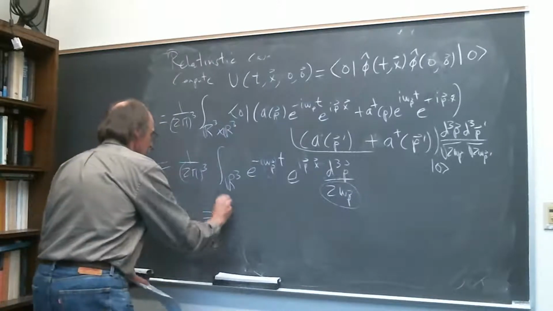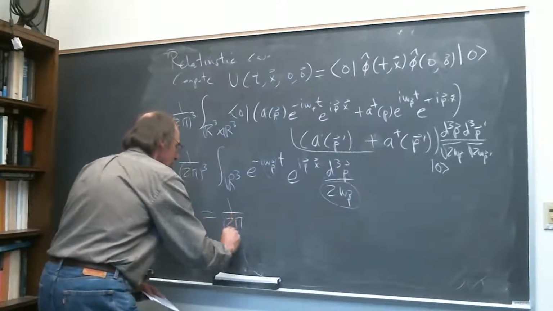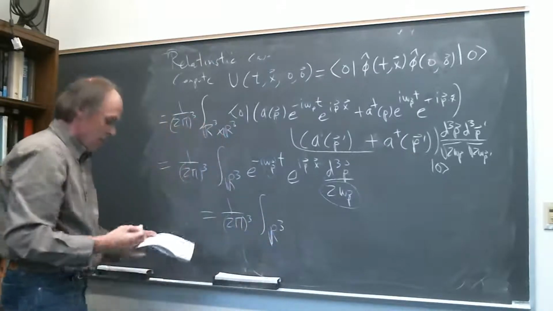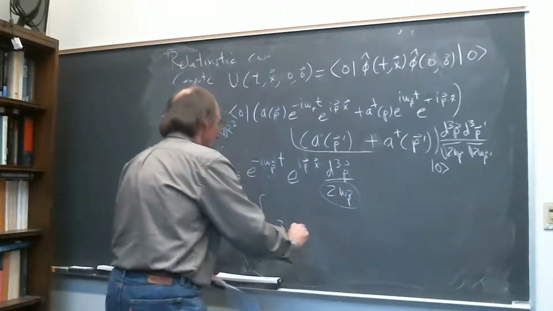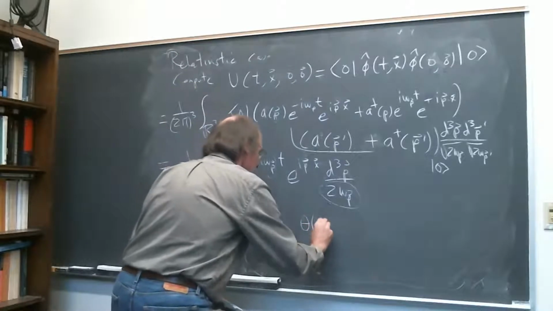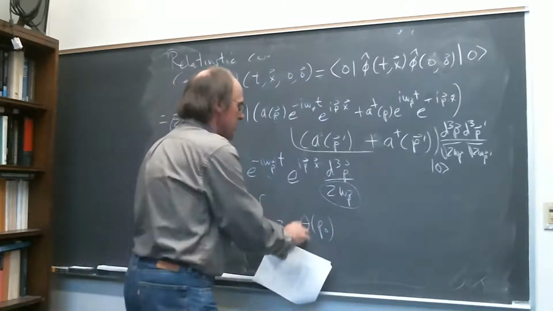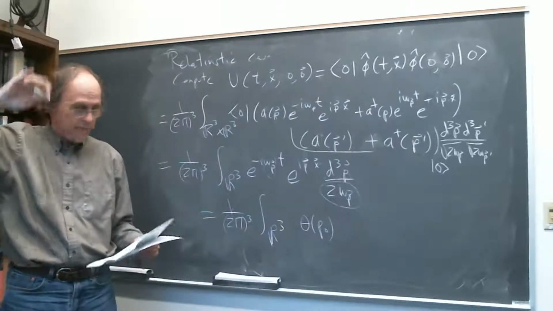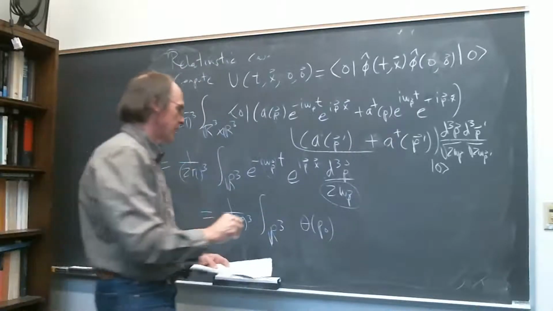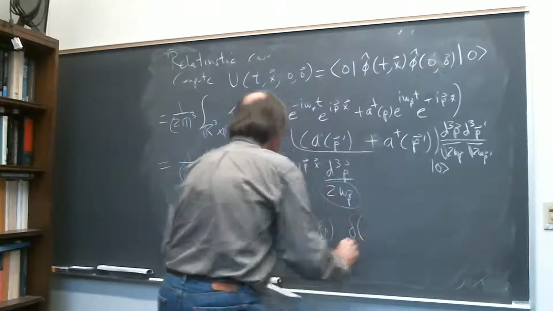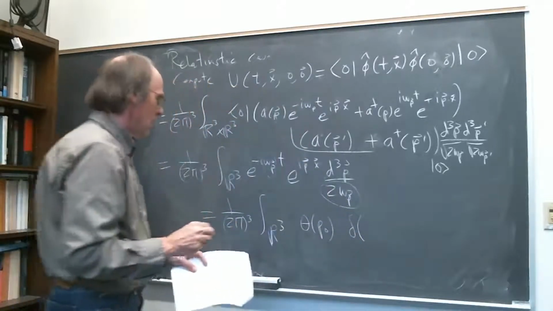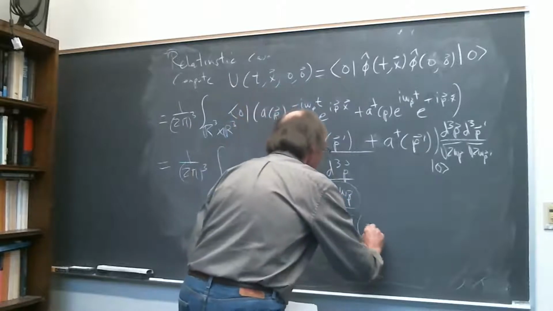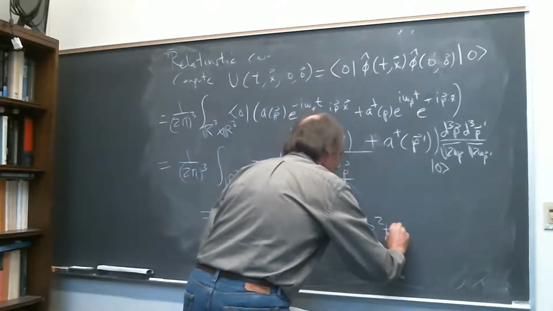I could have also written this as 1 over 2 pi cubed, integral of theta of p0. So now I'm just integrating over the positive energy mass shell, of delta of p squared plus m squared.